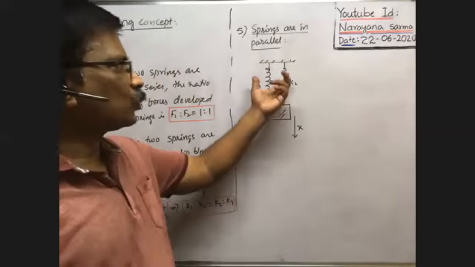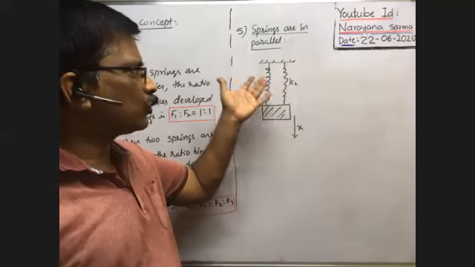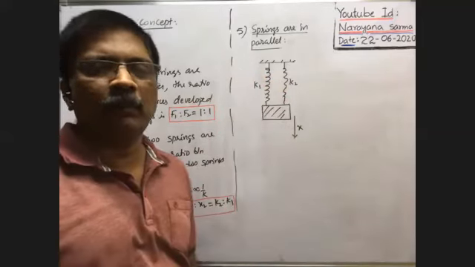That means whenever the two springs are connected so that the same extension takes place in the two springs, they are said to be connected in parallel.